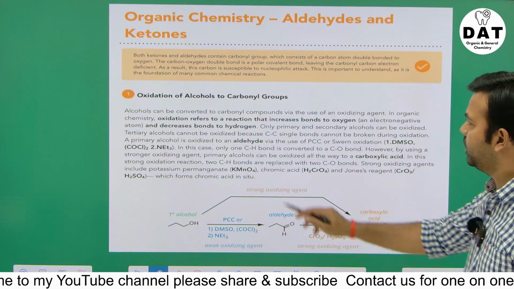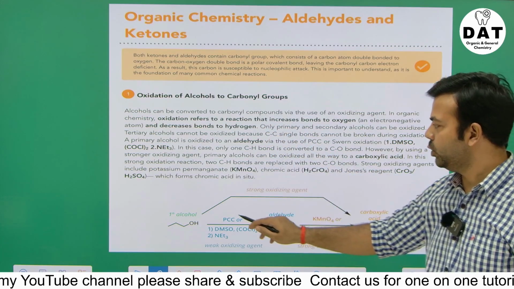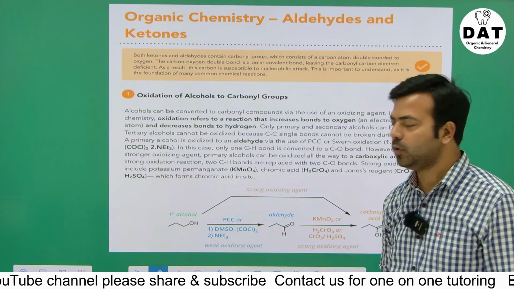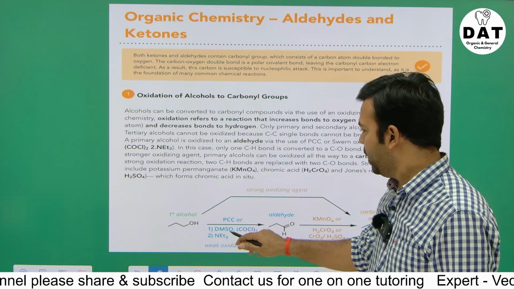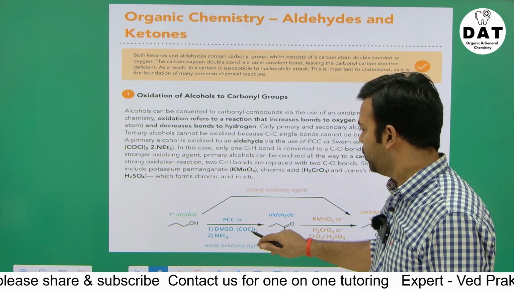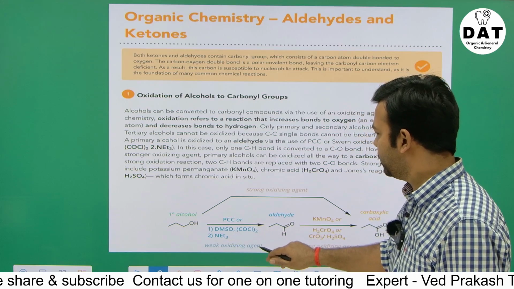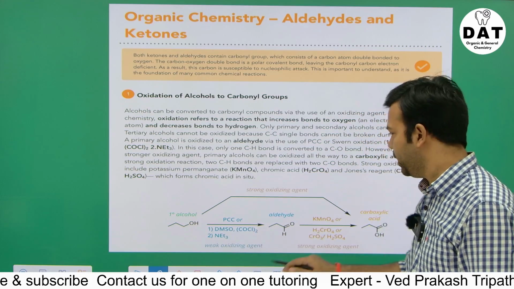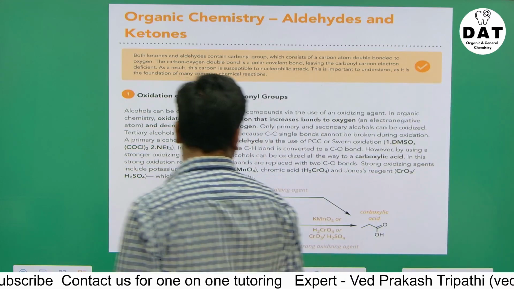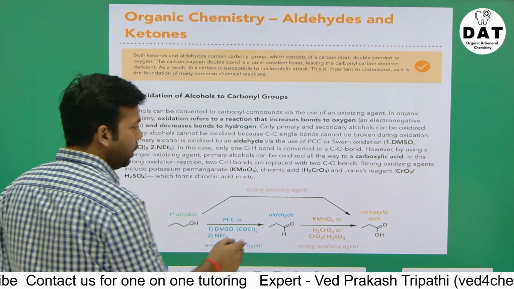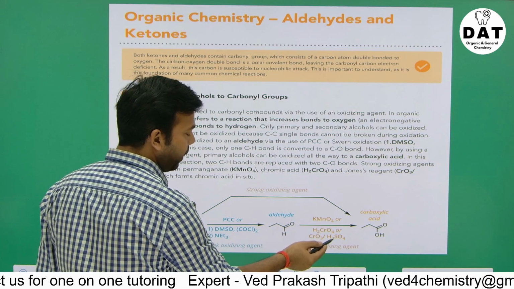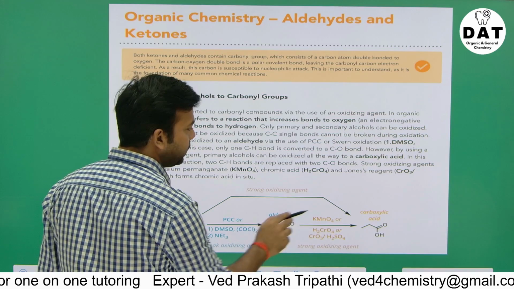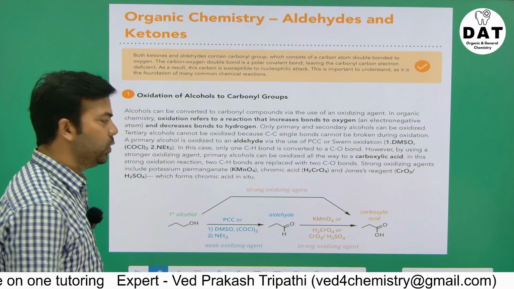So as you can see, this is the oxidation one, and we can use PCC, which is called pyridinium chlorochromate. And the next one is DMSO. We can use DMSO with COCl2 and NEt3 as well. This is also a weak oxidizing agent, and that gives you aldehyde. And if you are going to use KMnO4 or H2CrO4 or CrO3 under acidified conditions, it can oxidize the aldehyde into carboxylic acid.